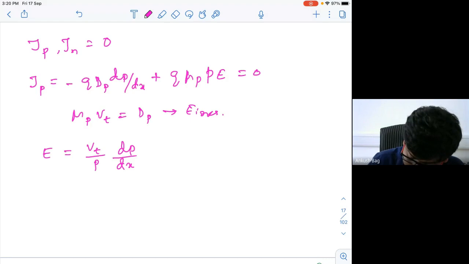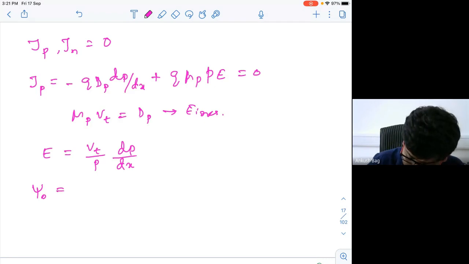Now, to get this built-in potential psi naught, we need to integrate this electric field along the distance.